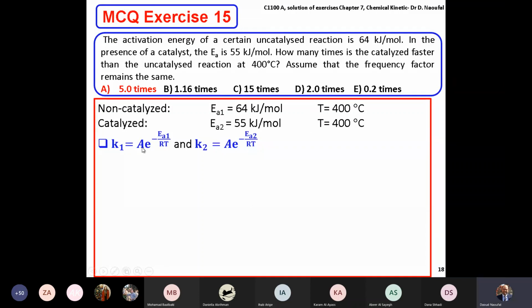We assume in this problem that we have the same frequency factor A, since we have the same nature of the reaction. For the same reaction, the frequency factor in your curriculum is assumed the same.